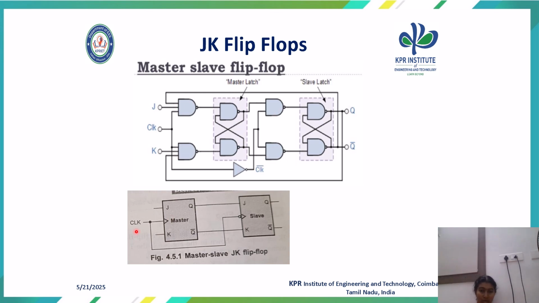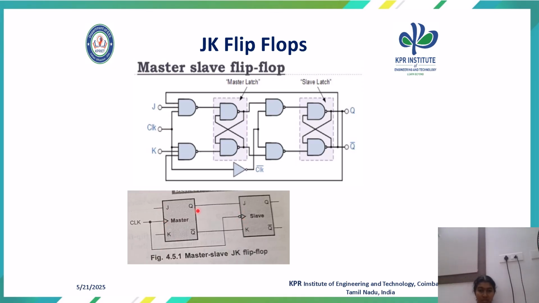So here the clock pulse is given simultaneously. That is, clock pulse is given at the positive edge in the master flip-flop. Clock is bubbled, that is inverted, and is given as clock pulse to the slave flip-flop. If the master is triggered at the positive edge, slave will be triggered at the negative edge.